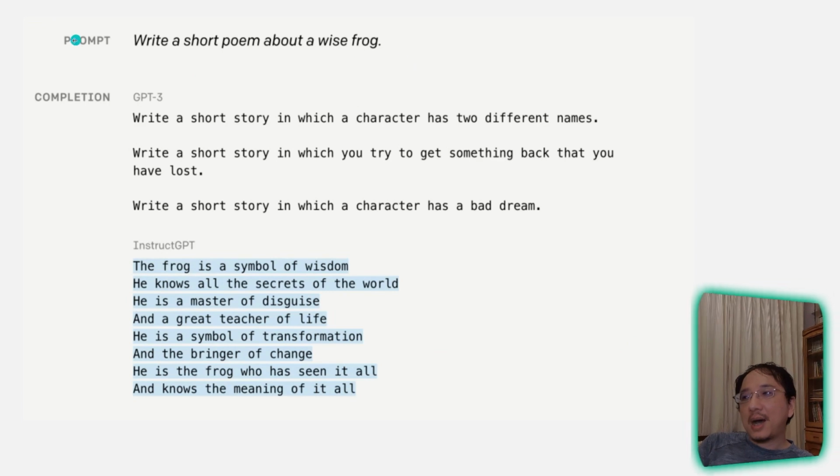And here is another prompt: write a short poem about a wise frog. Instead of making some more examples like this question, the GPT follows the instruction, follows the prompt, and actually writes a poem about a wise frog.